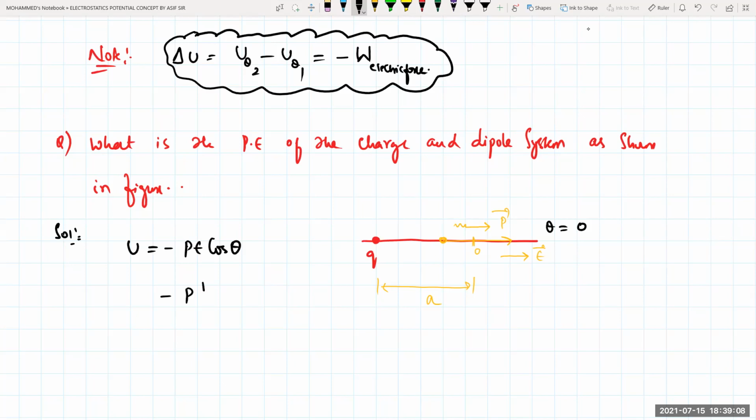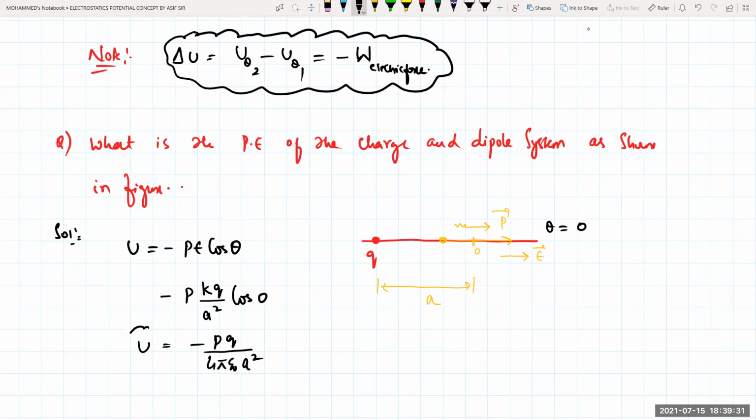Electric field due to the dipole will be equal to how much? K Q divided by A square into cos 0. The electric field due to the dipole on the axial position is K Q divided by A square for the short dipole. So this will become minus P Q divided by 4 pi epsilon naught A square, where K is 1 by 4 pi epsilon naught.